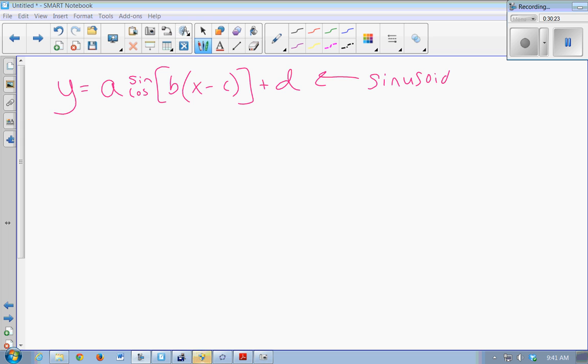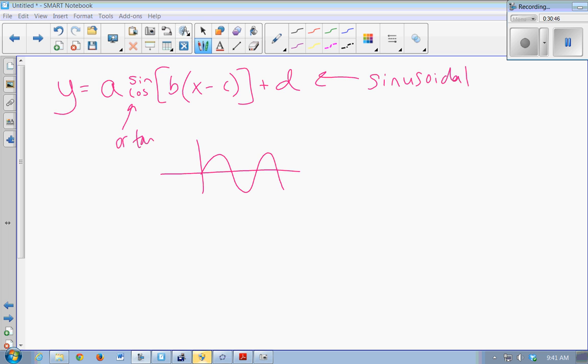Okay. Tangent too. Okay, so any of those guys would be sinusoidal because the exact same behavior repeats every period. So it would look like a wave.